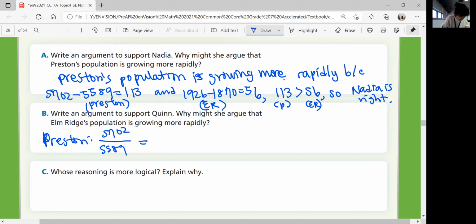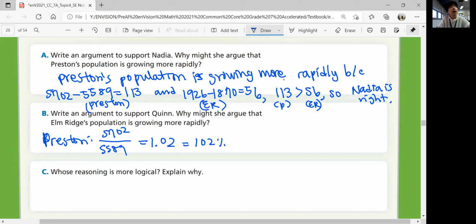And percentage wise, that is 1.03, right? Wait, 1.02, sorry. 1.02 if you divide both numbers, and percentage wise, that's 102%.